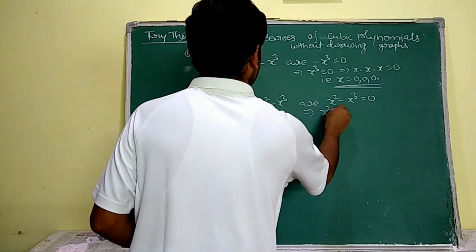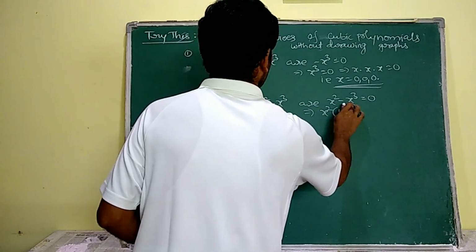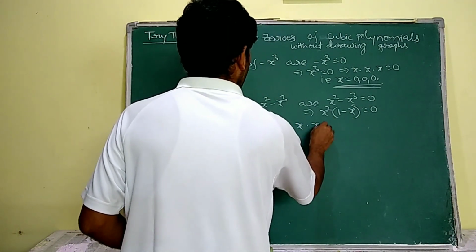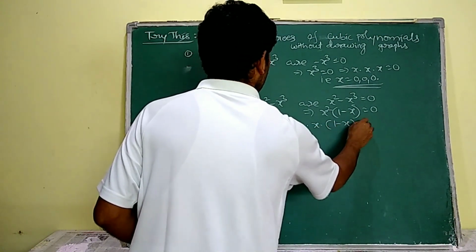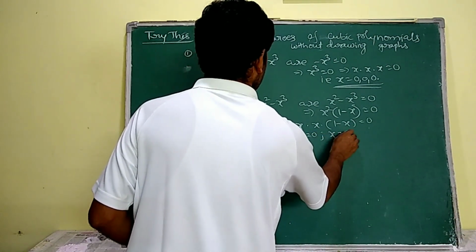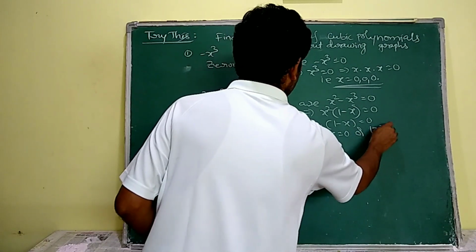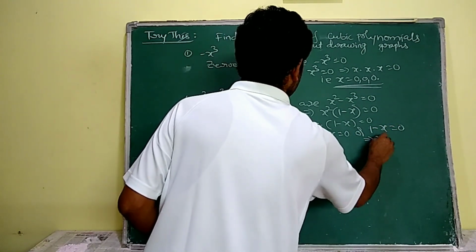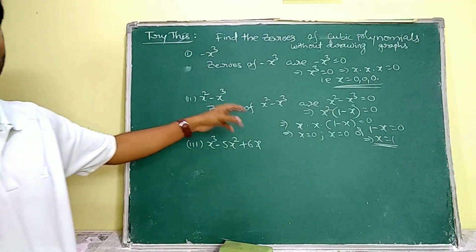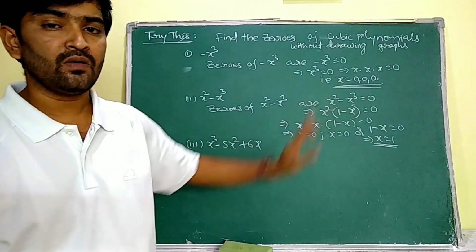In these two I am having x square as common, so I take out that x square. Then x square into 1 minus x is equal to 0. That implies x is equal to 0 or 1 minus x is equal to 0, that implies x is equal to 1. So here we have three zeros, those are 0, 0, 1.